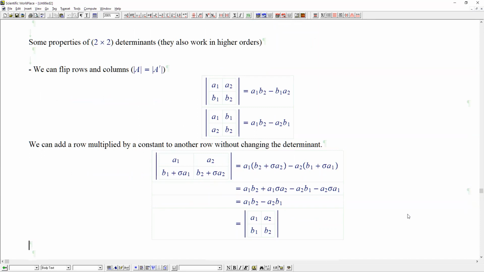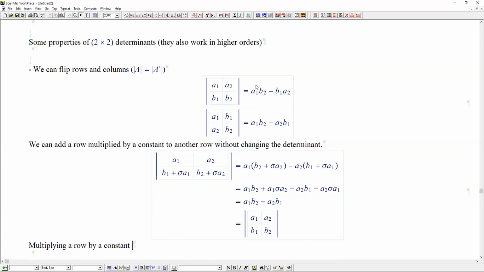Other property: multiplying a row by a constant. What does that do?